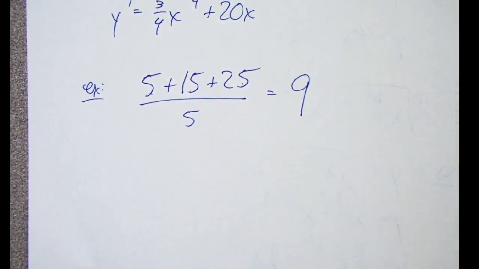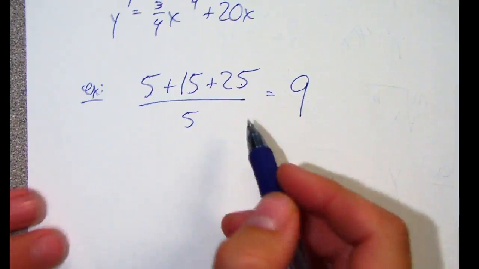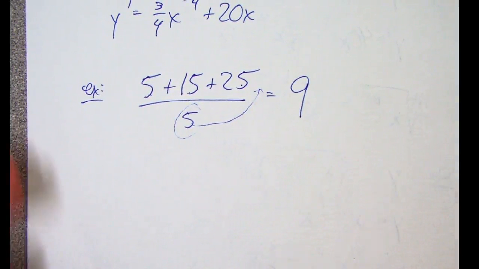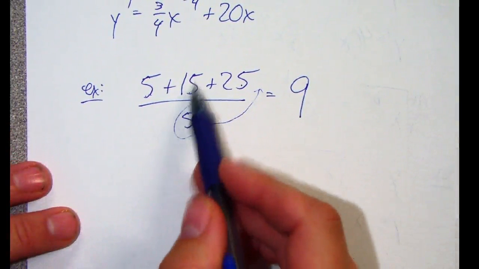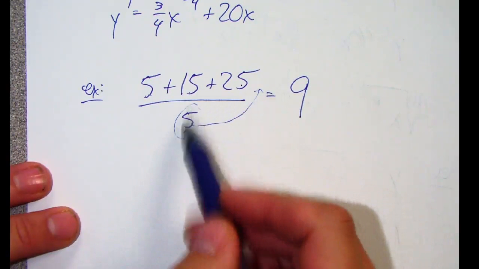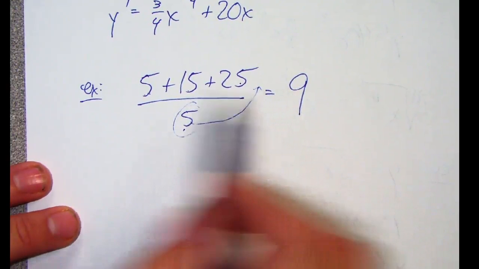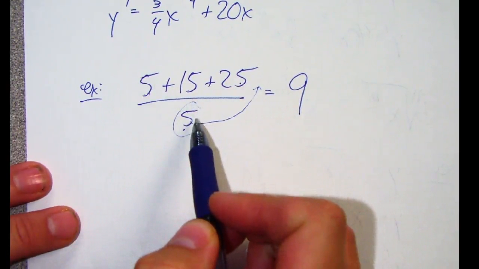I want to rewrite that in another way that also gives me 9, so it means the same thing. And I'm going to show you a couple wrong ways and why they're wrong. Some people will try to bring this 5 up to the top. That's not wrong. But if you're dividing and you bring it up, what's the opposite of dividing? Multiplying. But wasn't every single thing in here being divided?